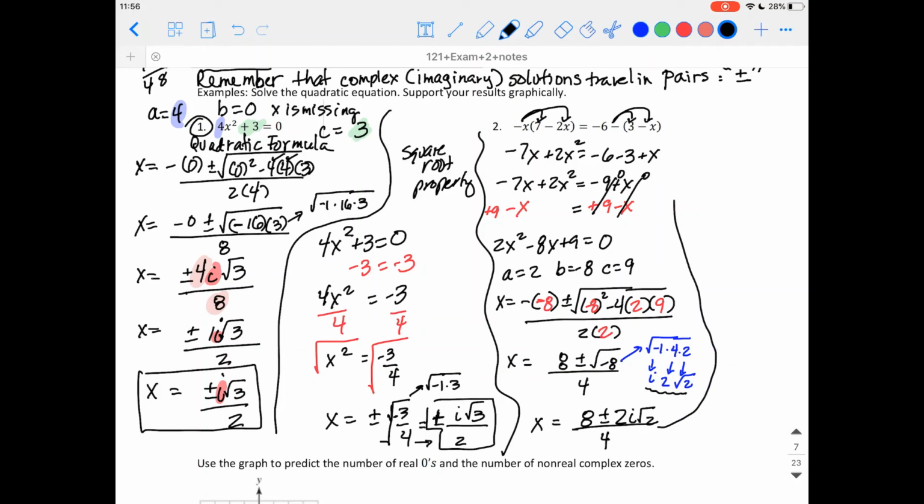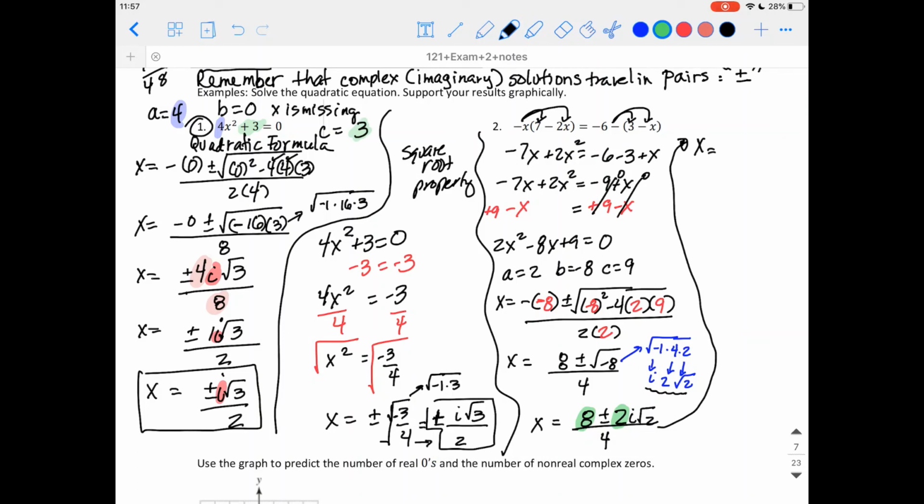Now I'm going to come over here, since I'm not quite done. We need to realize that, let me highlight here, this 8 and this 2 are both divisible by 2. That means that I can factor a 2 out. So that's what I'm going to do.